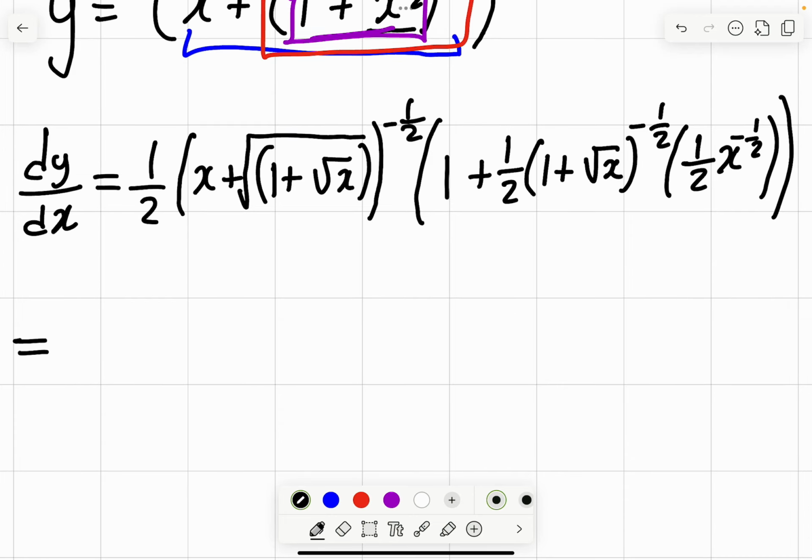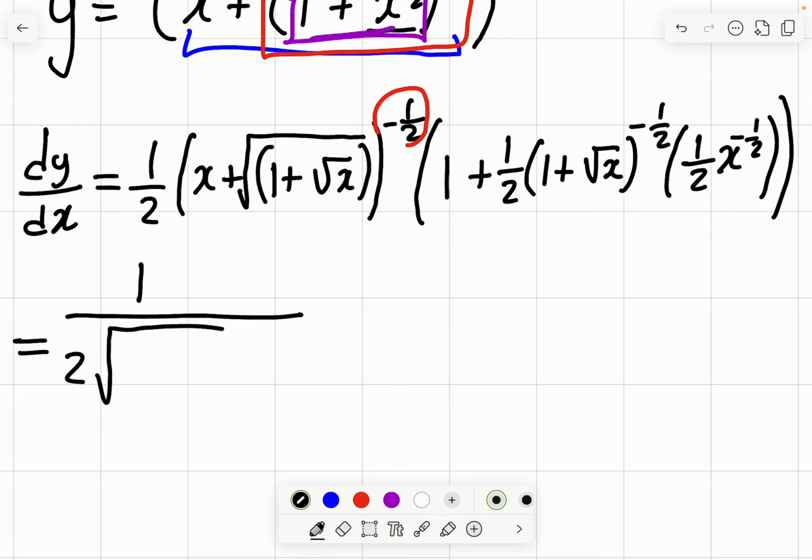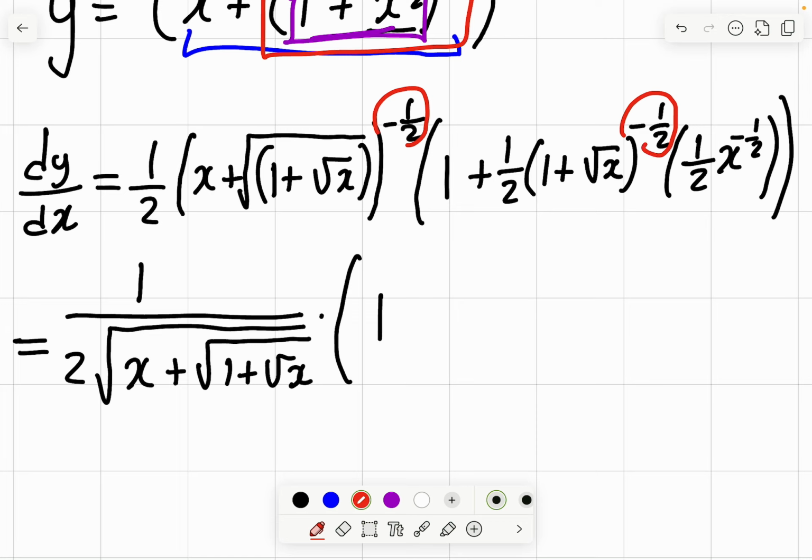So I start by simplifying. This one is going to the denominator, since the power is negative. I'm going to have 1 over, don't forget this 2, 2 square root of x plus square root of 1 plus root x. Multiply by 1. This one is also going in the denominator. I'm going to have plus 1 over 2 square root of 1 plus root x.